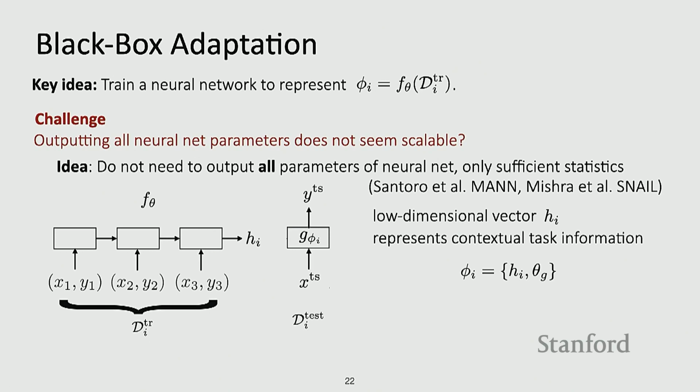In this case, phi i will correspond to the hidden representation h, as well as some other parameters of theta, which I'll refer to as theta sub G, which could be separate parameters that are specific to G. In the case of an RNN, it could also be things that are shared with F as well.